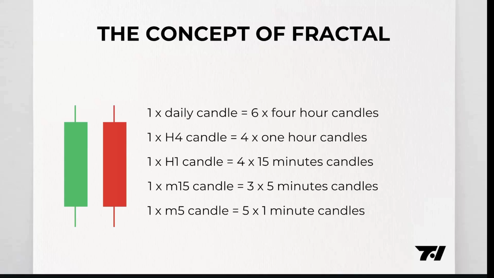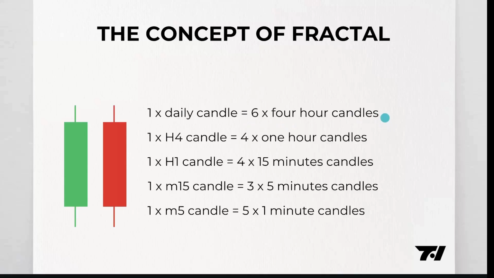So what do I mean by that? Let me explain to you. If you open your chart and pick a daily time frame, right? If you pick one daily candle, that daily candle is made up of 6 of the 4-hour candles, which means that if you go down to the 4-hour candles, 6 of them make up one of your daily candles, right?